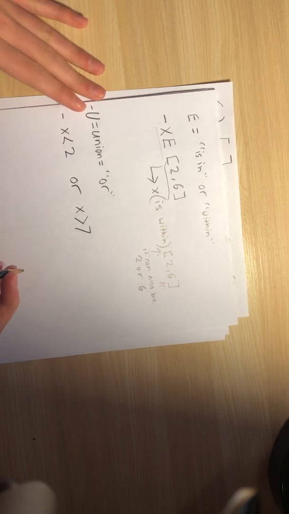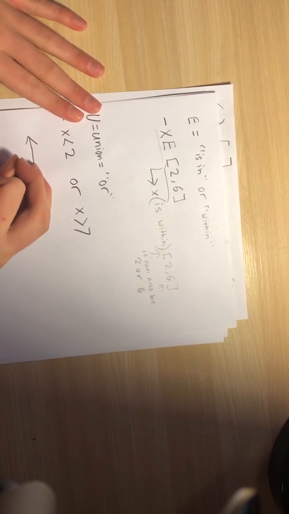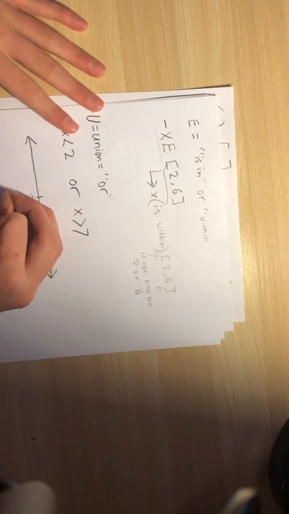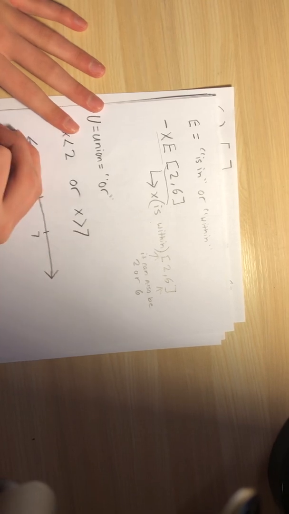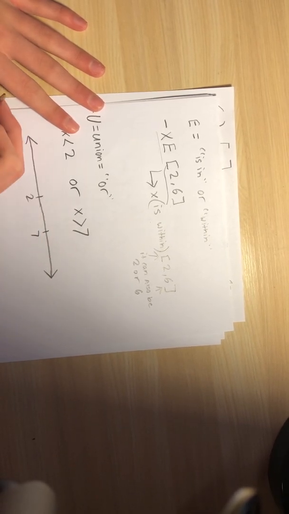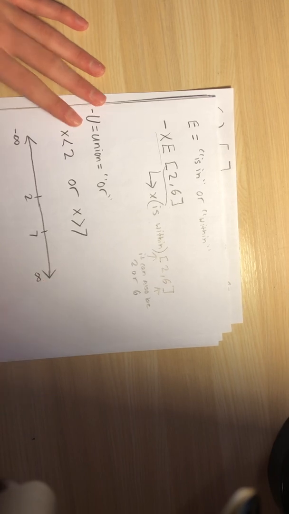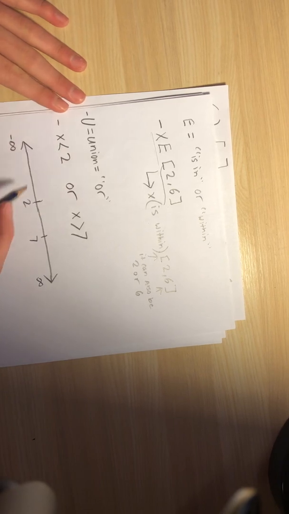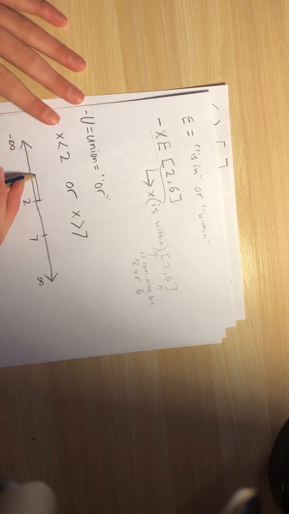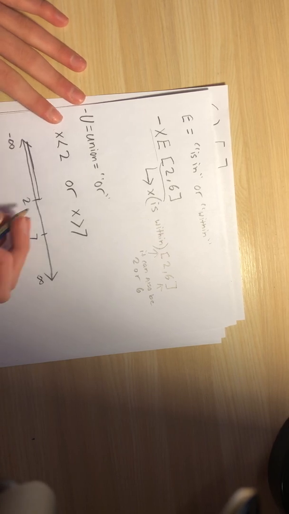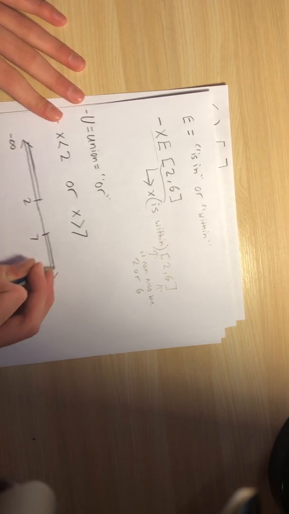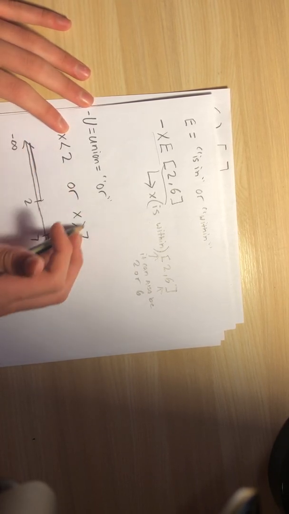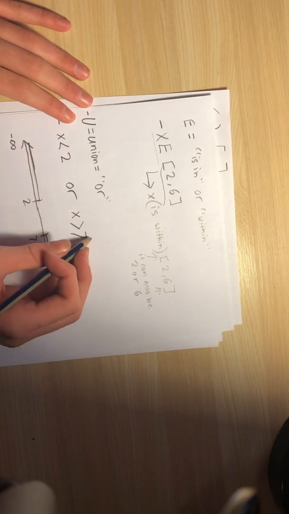If you made a number line and wrote this out, with 2 and 7, and then negative infinity because it's going on forever, and infinity. If x is less than 2, it'd be going all the way to negative infinity. And if x is greater than 7, it'd be going all the way to infinity. Does that make sense?